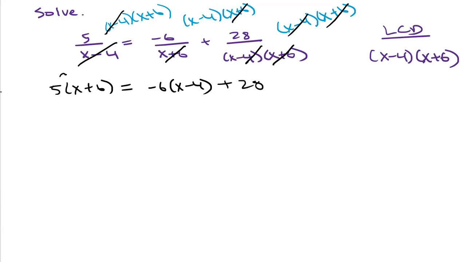Okay, and then I just distribute. So I distribute the 5, so that will be 5x plus 30. Distribute the 6, that will give me negative 6x plus 24, plus 28.